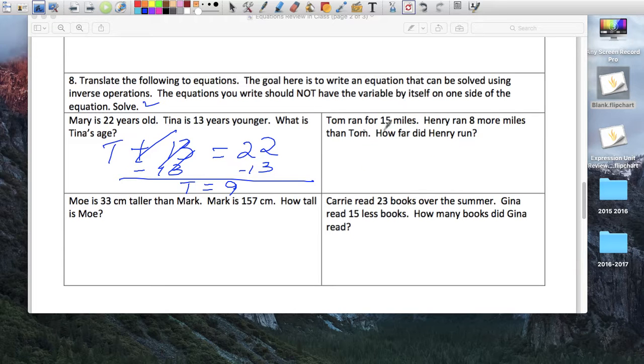Okay. Tom ran for 15. Henry ran for 8 miles more than Tom. How far did Henry run? Okay, so whatever Henry ran plus eight. No. Hang on a second.